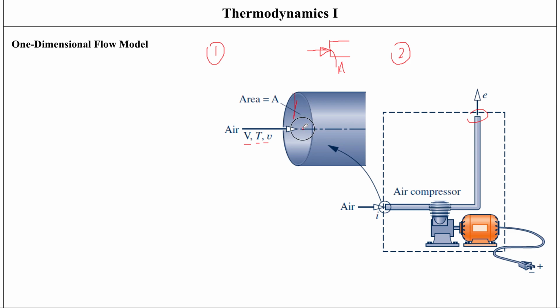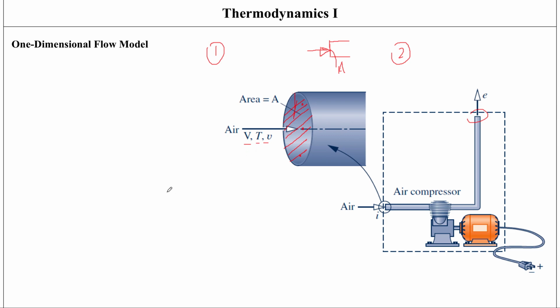The velocity could be different here and different over here within the pipe, because we're looking at a pipe right now, but what we're assuming is that that is not happening. We have a uniform velocity. If the velocity is 5 meters per second, then the velocity is 5 meters per second over this entire inlet. So all the intensive properties have one single value.